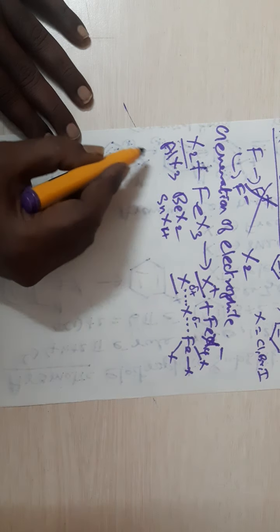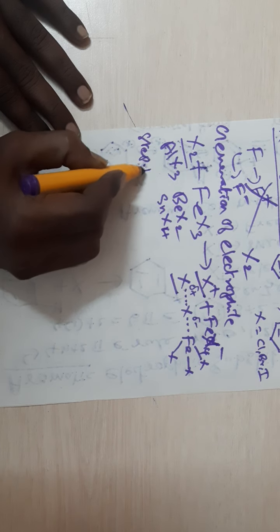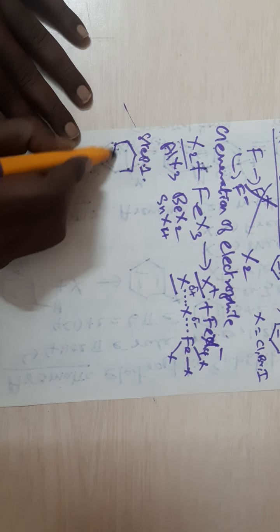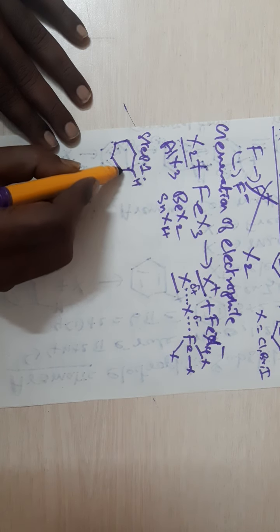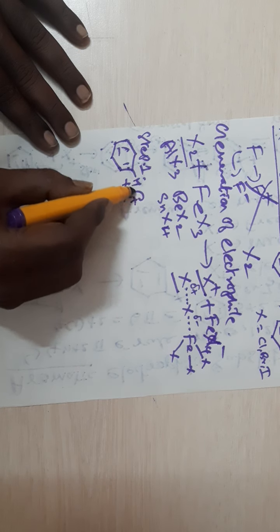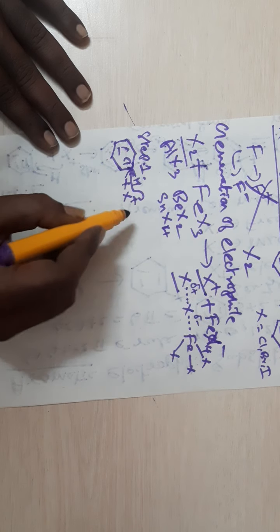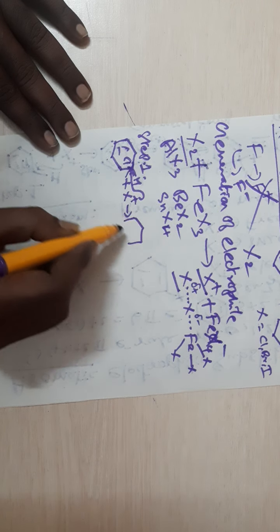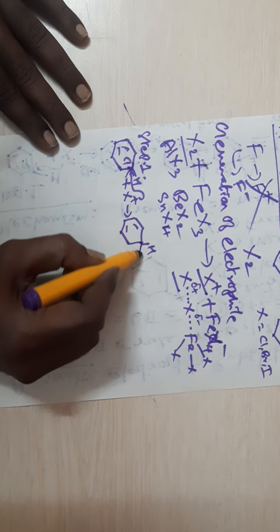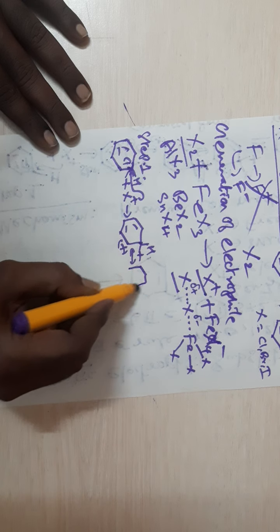So as usual, the mechanism involves two steps. In step 1, our electrophile X plus attacks the pi cloud, pi electrons are displaced to give you an intermediate, H X positive charge. It is resonance stabilized.